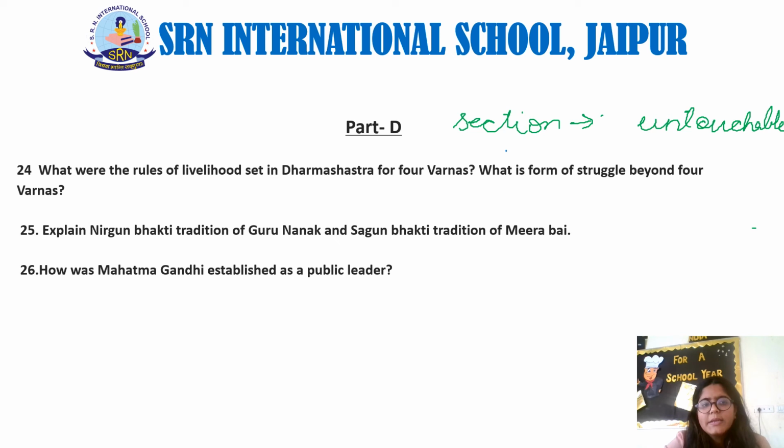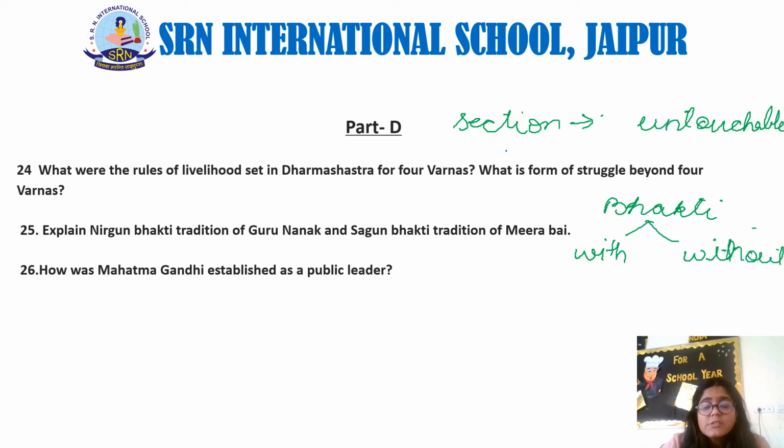The next question is: explain the Nirguna Bhakti tradition of Guru Nanak and the Saguna Bhakti tradition of Mirabai. We all know Bhakti has 2 types. As I've told you many times in 12th standard classes, Bhakti is only of 2 forms: one with attribute and another without attribute.